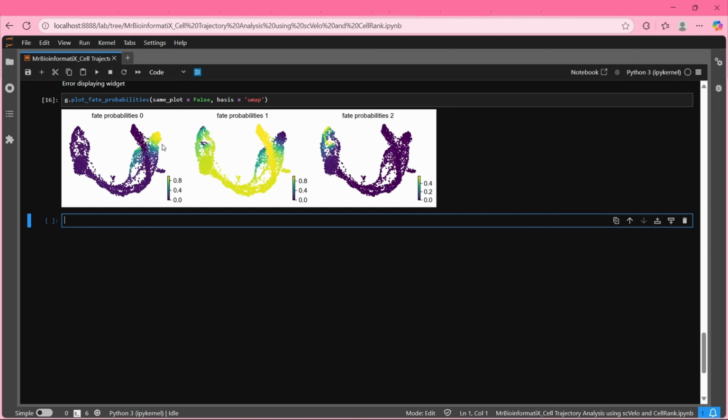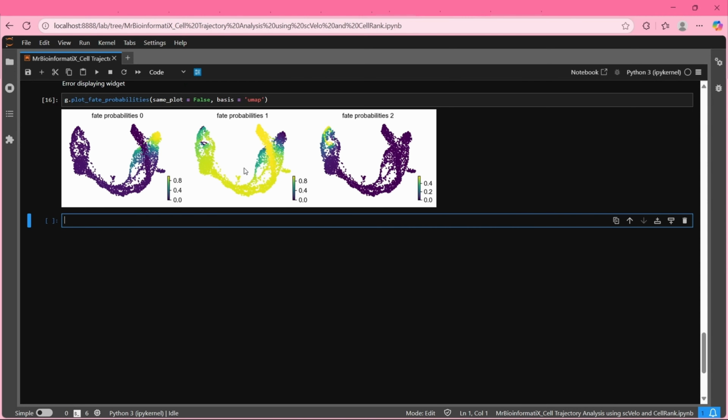So cells on the upper right are bright yellow, meaning these are most likely to differentiate into fate 0. And the rest, purple, will not go toward this trajectory. This region represents one lineage or branch of the differentiation process. Regarding fate 1, most of the UMAP is bright yellow, so many cells are predicted to go toward fate 1.